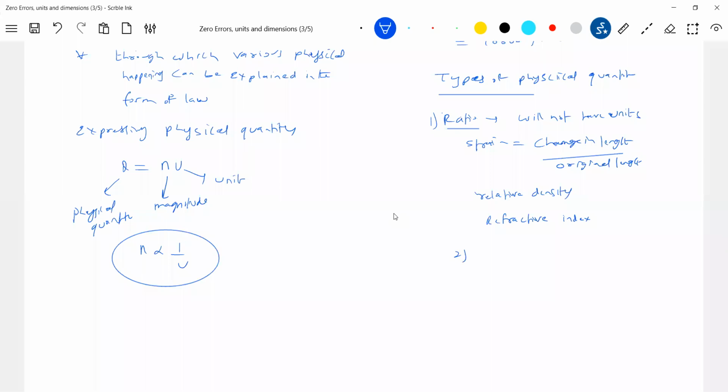Okay, next afterwards, we'll go for the scalar. I think you are very much familiar with this. It will have only magnitude, and it will have units. It's not that it will not have units. A good example is temperature.